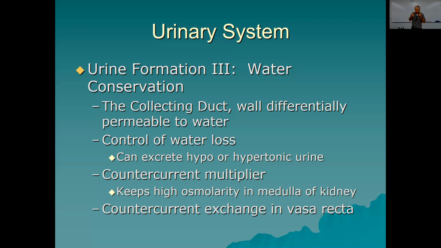But if you're really severely dehydrated, you can do a maximum of 1200 milliosmoles. And that's as hypertonic as you can get your urine, 4 times saltier than blood. That's it. And that's the length of the amount we can conserve water.